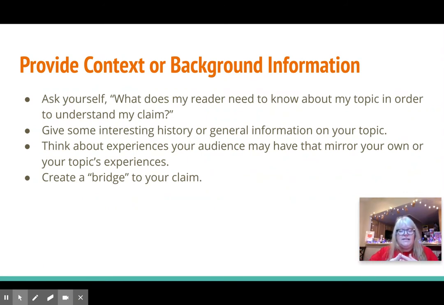So just think about what is the information I need. Maybe think about experiences that your audience might have that mirror your own or your topics. Do we know about breakups and divorce? And do we know about 9/11? So maybe I don't know about those things and you need to tell me. And then you're going to create a bridge to your claim. Now, that one probably is harder to understand.